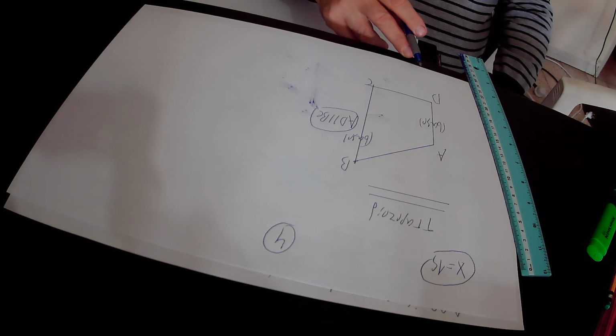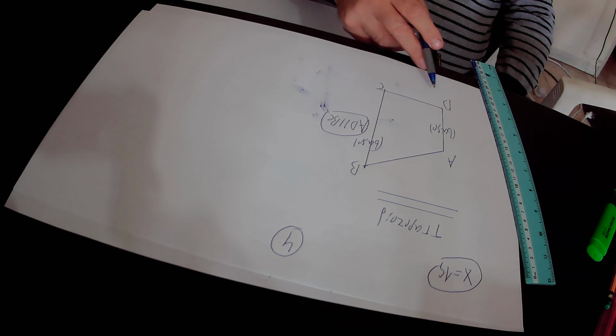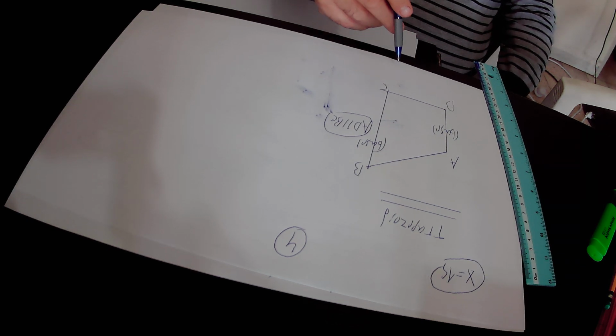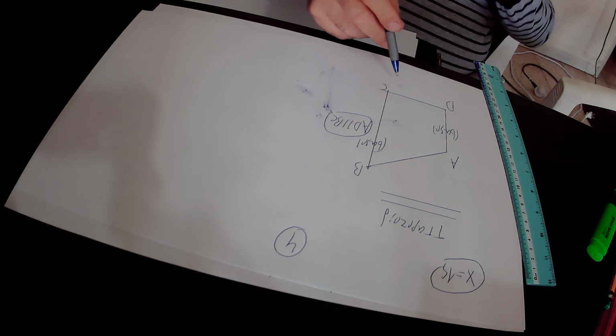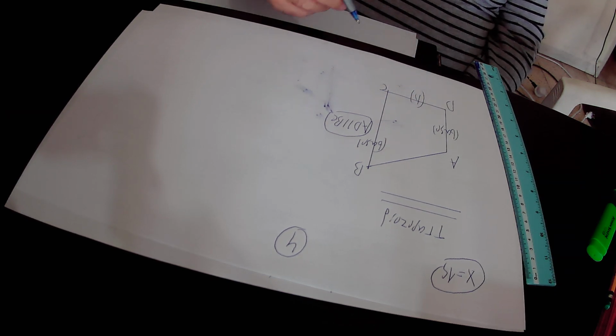DC creates 90 degrees with the two bases. Therefore, DC is the height to the base. We define the height DC as h, so DC equals h according to our definition.